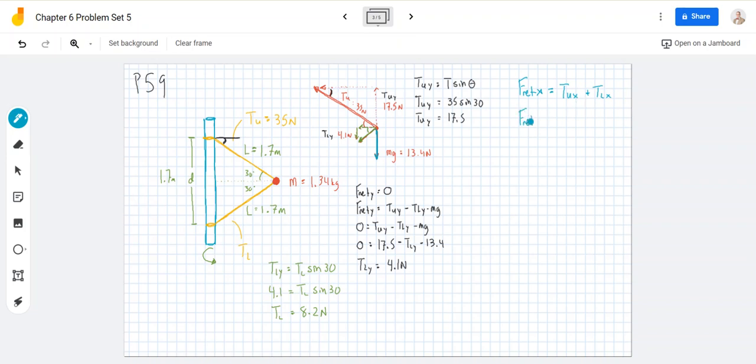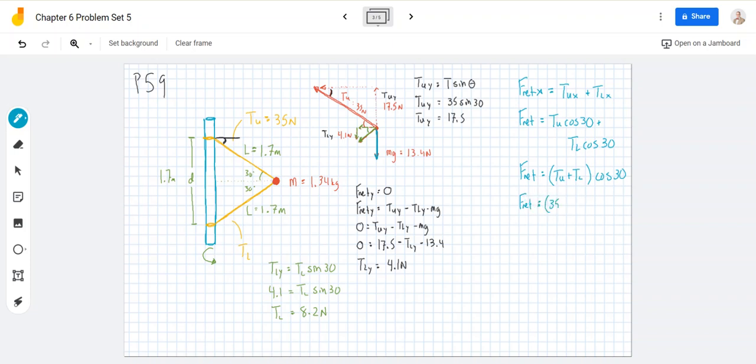So, to calculate that, this is going to be T upper cosine 30, because that's the adjacent side, plus, sorry, I got to slide down here, T lower cosine 30 also, because the x direction is the adjacent one there. So I just pulled this out so I could do the math a little bit easier.